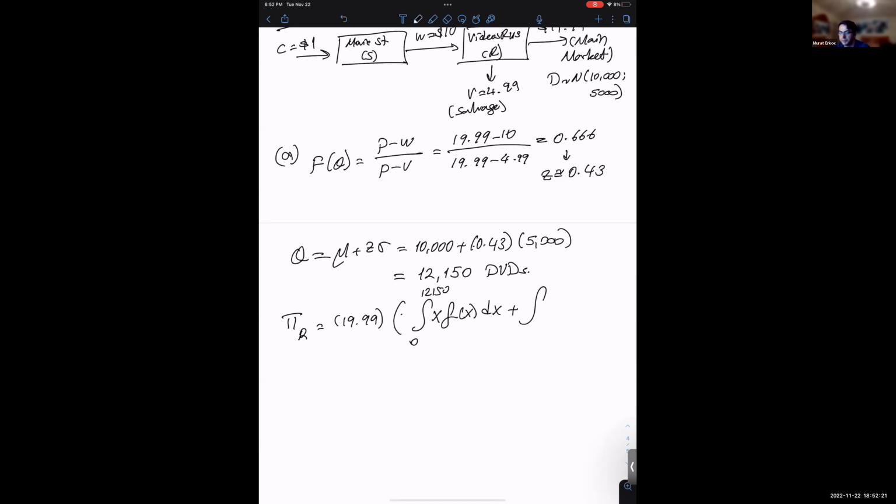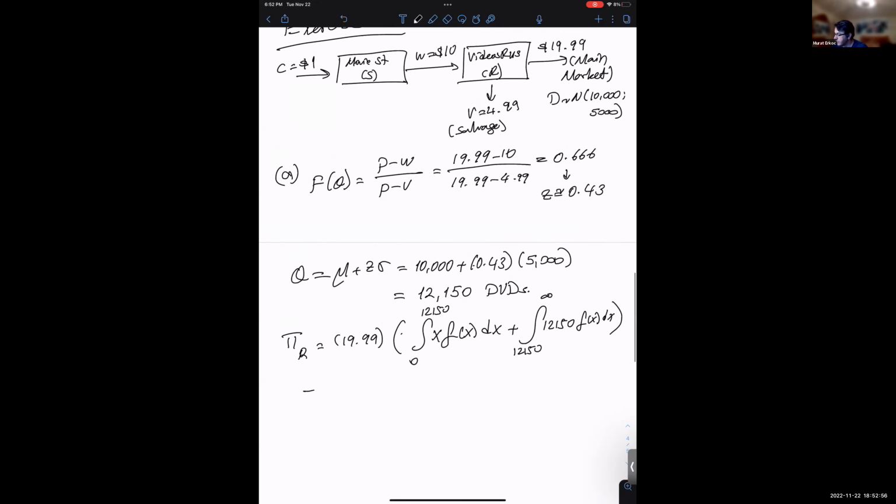Beyond that, it is 12,150 times f of x dx, if it's from 12,150 to infinity. So this is 1999, I mean, this is the sales. This is revenue, and of course then there is the cost of procuring these items.